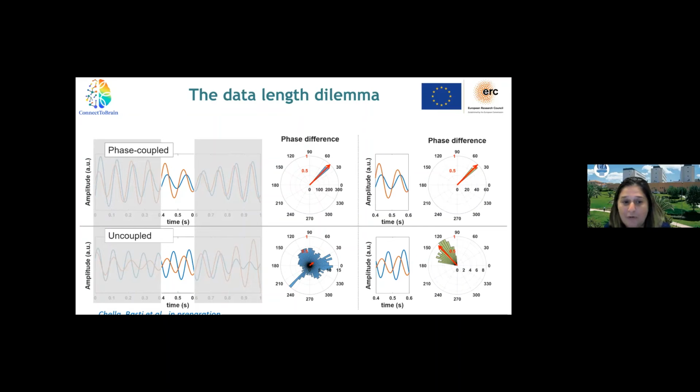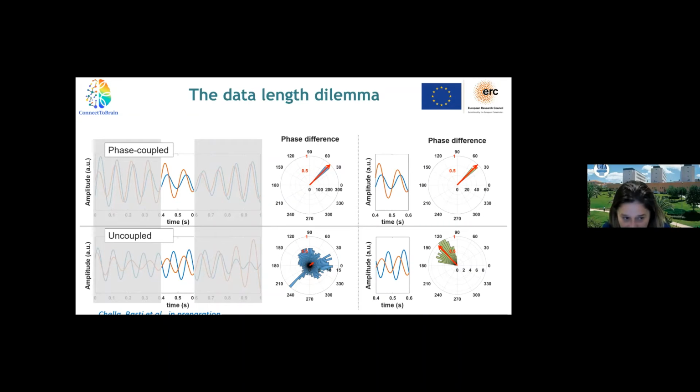Nevertheless, if we now imagine that we can only look at this coupled and uncoupled oscillation through a small window, then the thing becomes harder. In the first case we are still fine, and we might get the phase difference that we would get if we had the full amount of data.